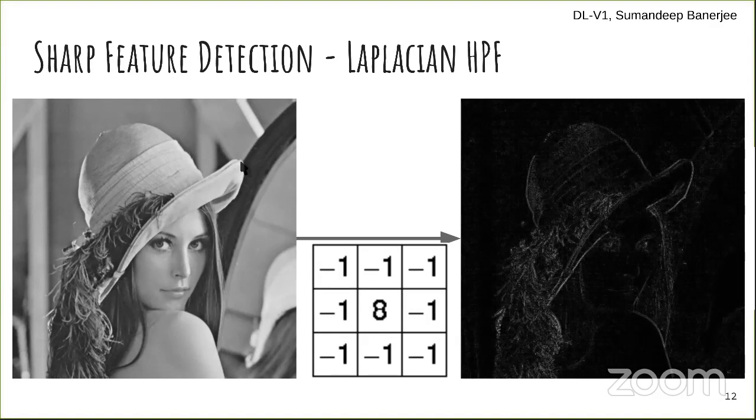So it is able to detect regions where a lot of activity is going on, a lot of change. Anywhere it is smooth, the output is mostly black. So different numbers in the kernel showcase different logic.